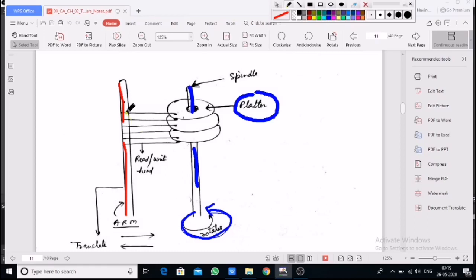To this arm, there are many heads connected, right? But for each platter, there is one pair of heads. See, one and one for this platter, one pair of heads.